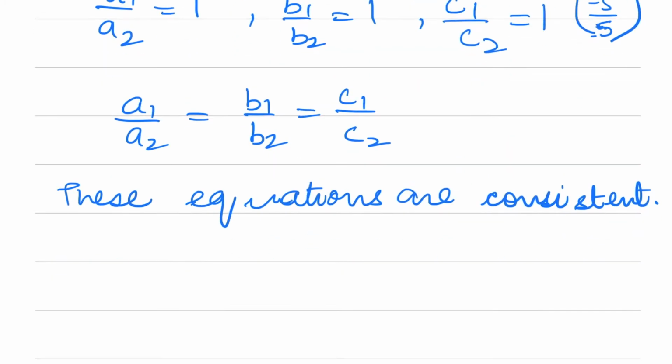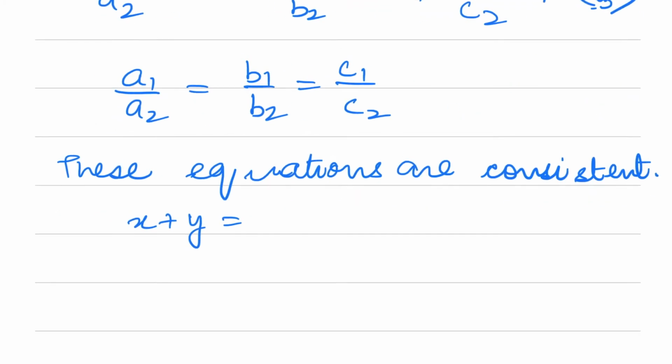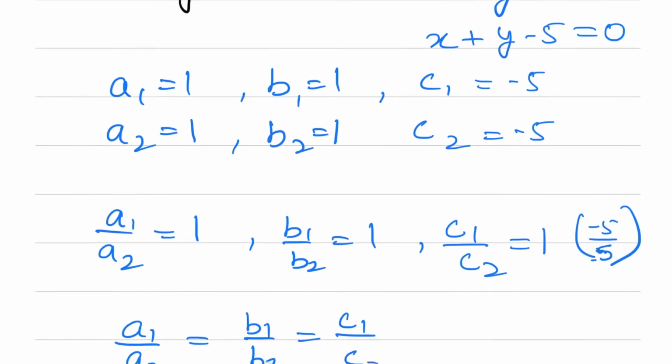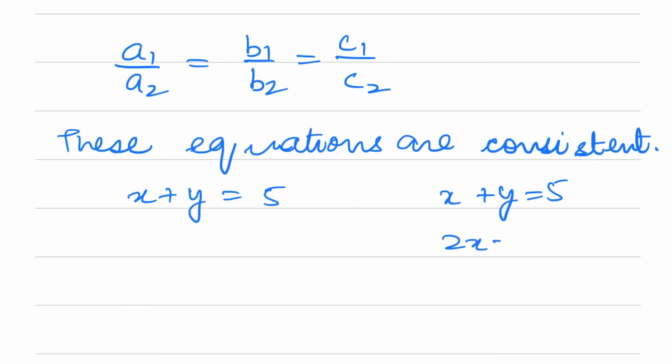So x plus y is equal to 5, and here also basically I have x plus y is equal to 5, or I could write the previous equation, 2x plus 2y is equal to 10. So basically these are the same equations, so there will be a lot of solutions.